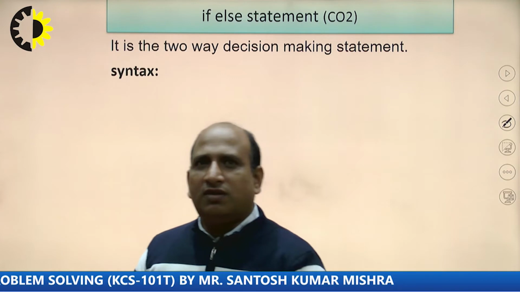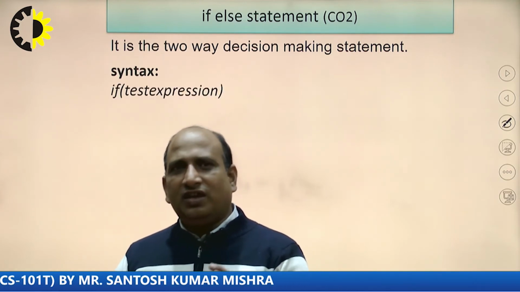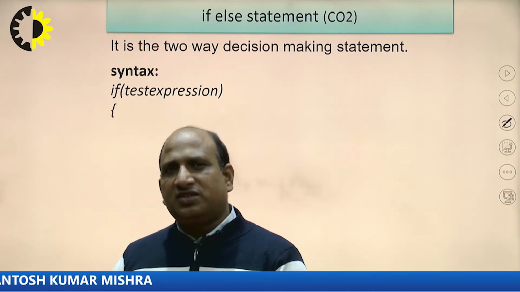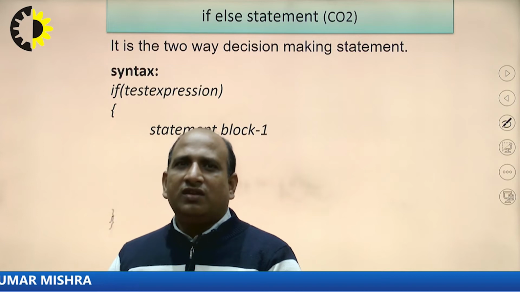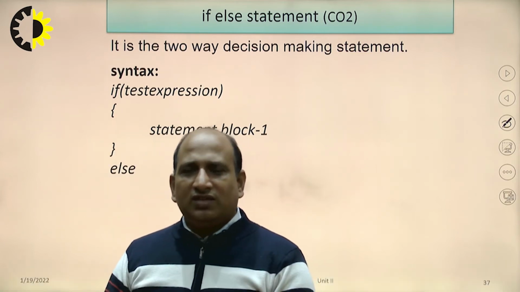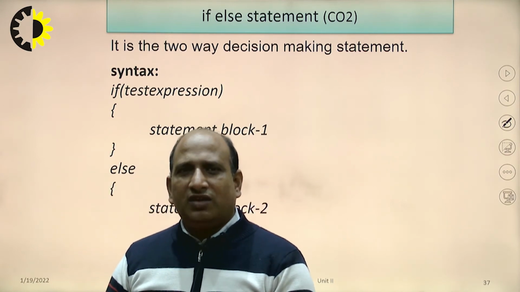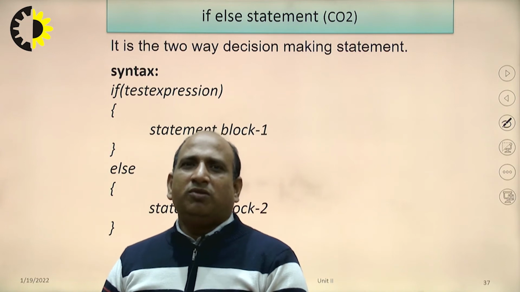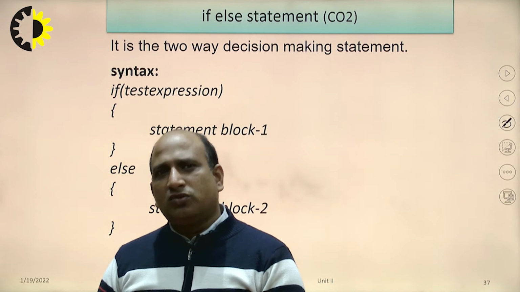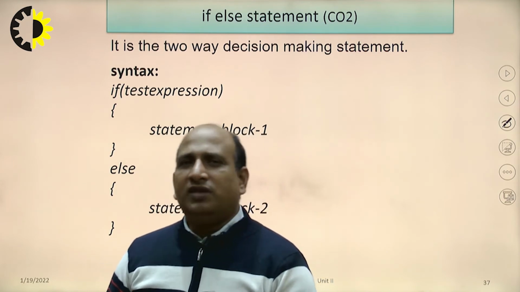And the syntax for this if else statement is very simple. We write if, and in brackets we write the test expression, and if the test expression evaluates to be true, then the statement block will be executed. Otherwise, we write the else keyword, and here we make the false block. The statement block 1 will execute when the test expression becomes true. Otherwise, statement block 2 will be executed.